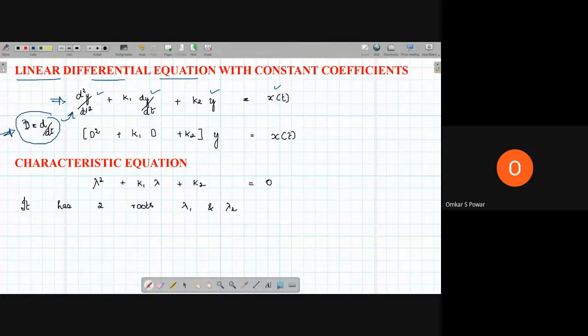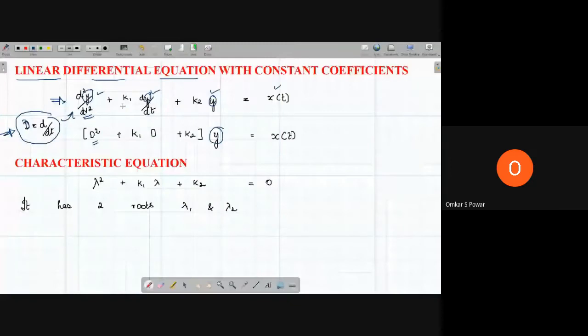I am replacing d by dt in this equation and taking y outside. Then d square by dt square is nothing but D square, then k1 as it is, then d by dt is D, plus k2, outside y, is equal to x of t.